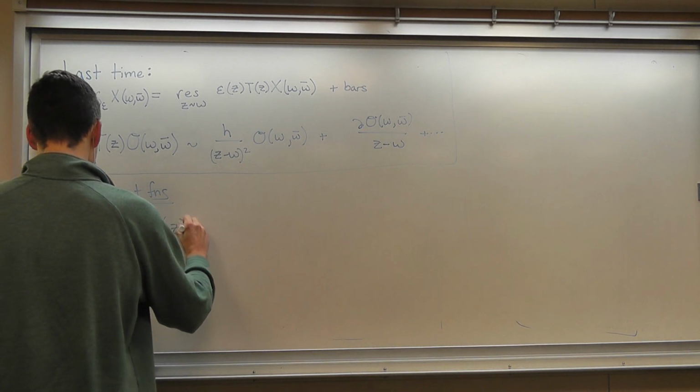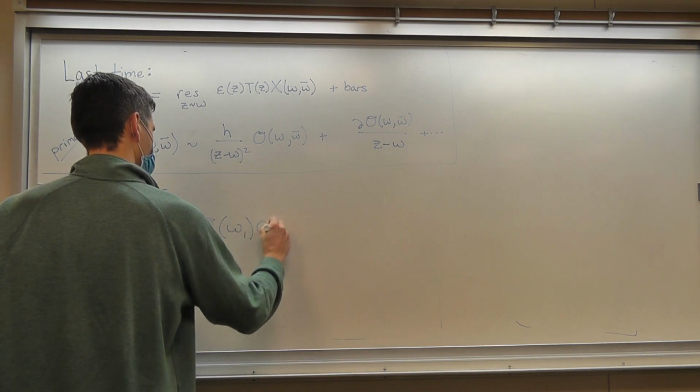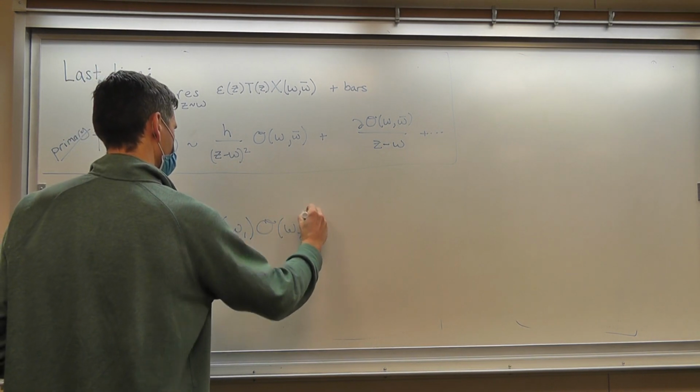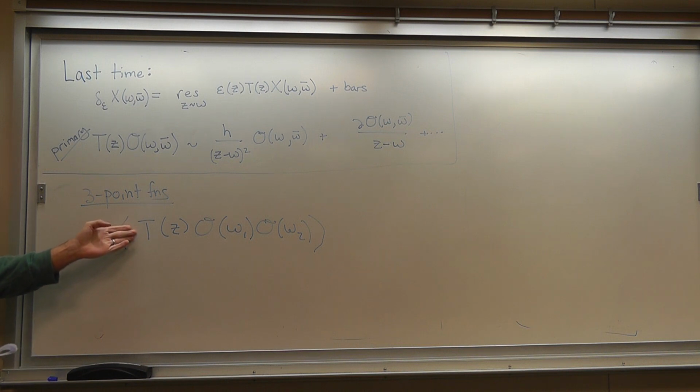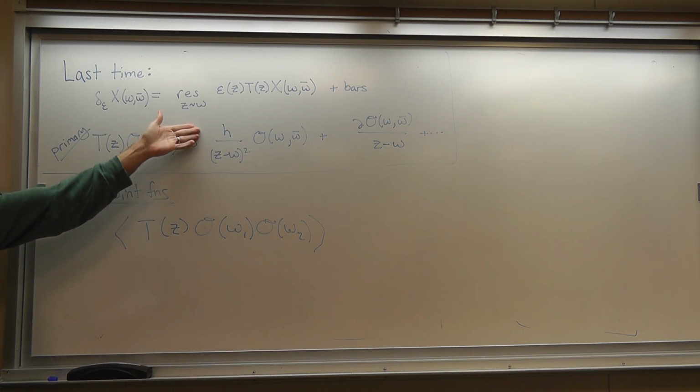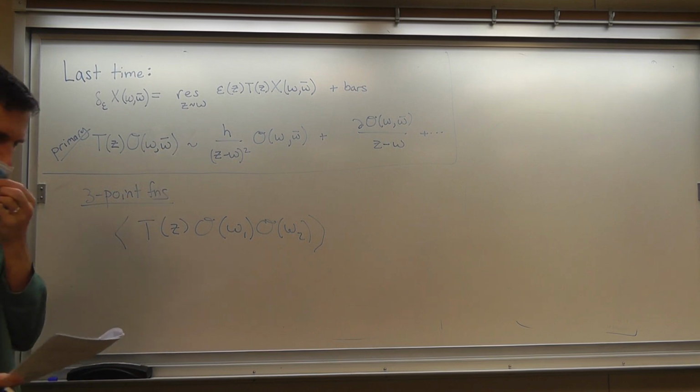So T of z, O of w1, O of w2. So I claim that this function is completely determined by its OPEs, by its singularities. Okay, and I'm going to explain why that is.